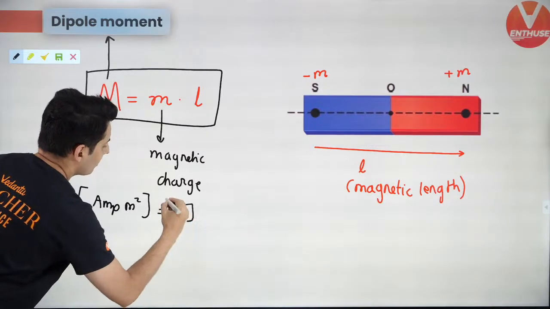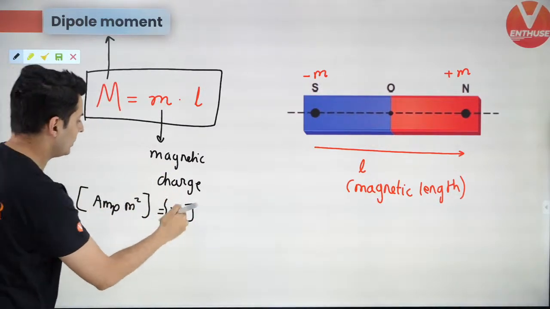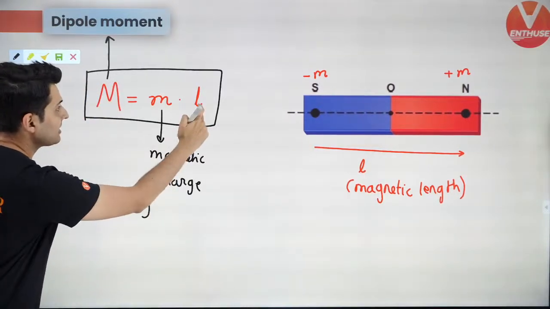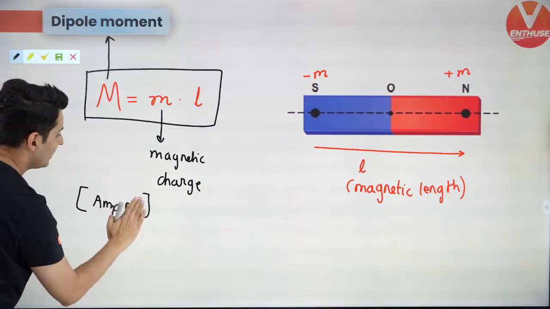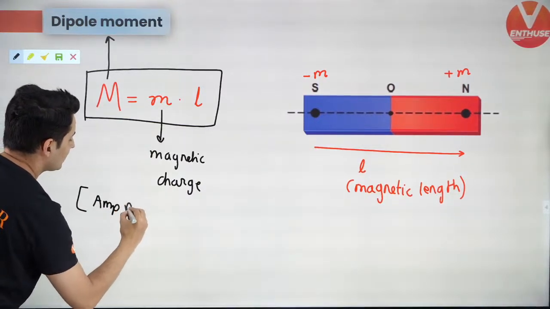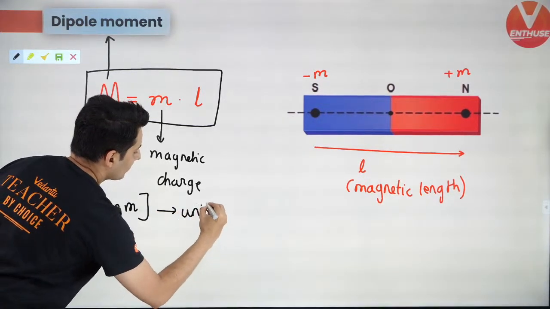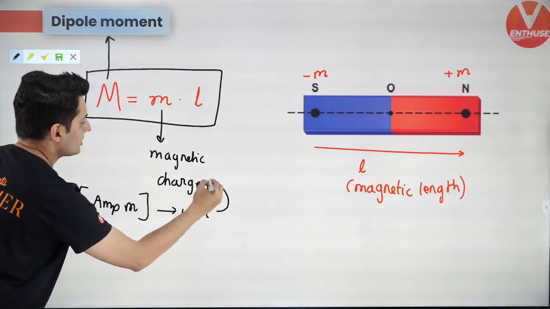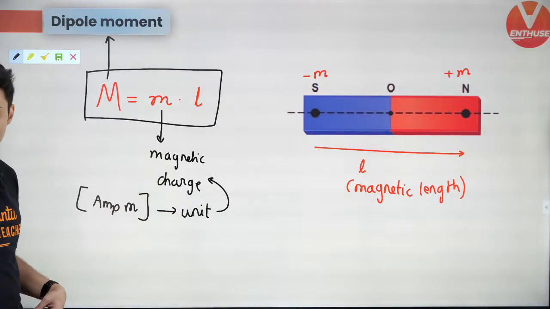Magnetic strength or magnetic pole charge, I don't know what is the unit, so let's think about it. This is length. It has a dimensions of meters. So when it goes here, that meter will get cancelled and you'll just have ampere meter. That is the unit of this magnetic charge. Very, very important. Ampere meter. I hope this is clear.